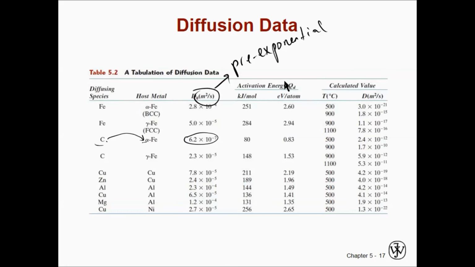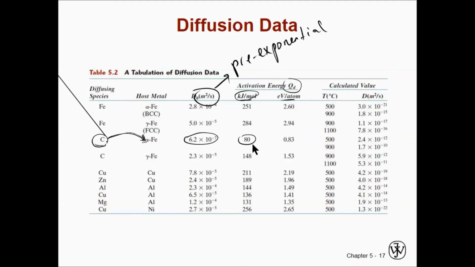I have this activation energy QD over here. It is given in two different units. I will mainly use this one, and in the book we mainly use this one. So what is this activation energy? In order for a carbon atom to break bonds between neighbor atoms and diffuse into iron, it needs some energy to break that bond and move.